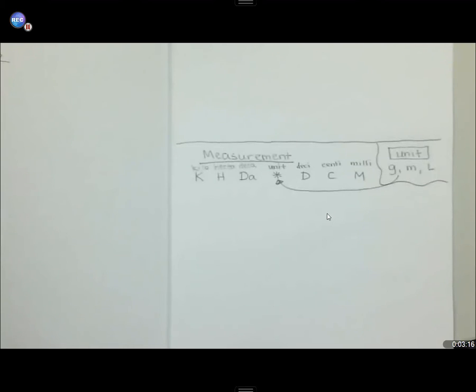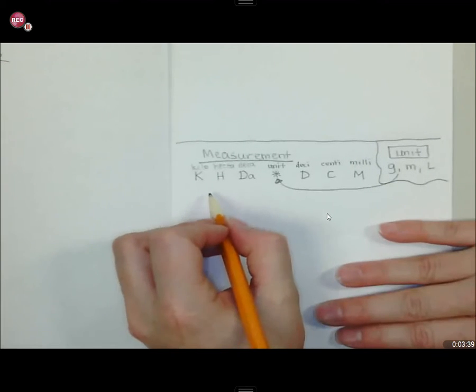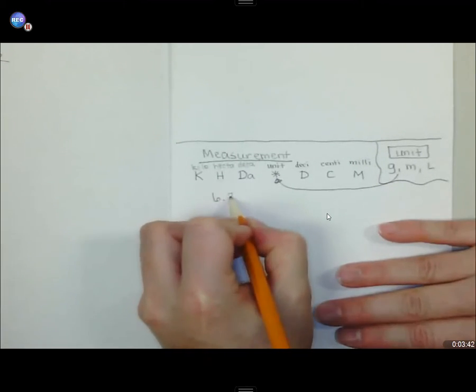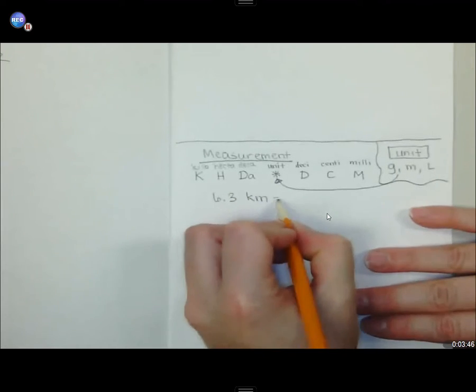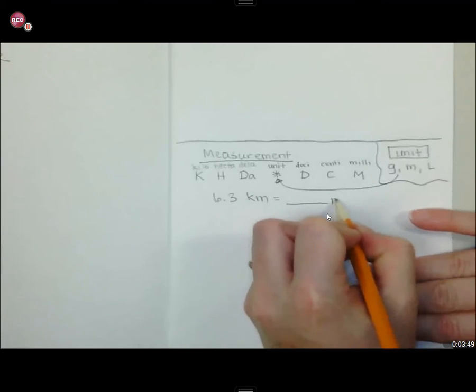Now, what we're going to do is when you're trying to convert, we're basically moving a decimal from one place to another. So if I had number 3A on your worksheet, which is 6.3 kilometers, and I wanted to know how many meters that was.